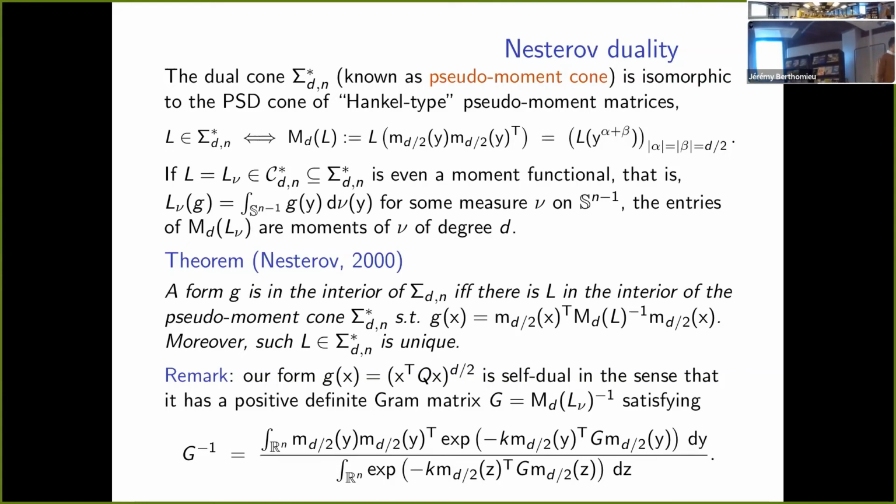If you think of it in terms of a Gaussian-like distribution, then this Gram matrix is the inverse of the moment matrix. So a natural question is to characterize other forms in the interior of the SOS cone that have the same property, the self-dual SOS forms that have similar behavior. That would be another nice question.